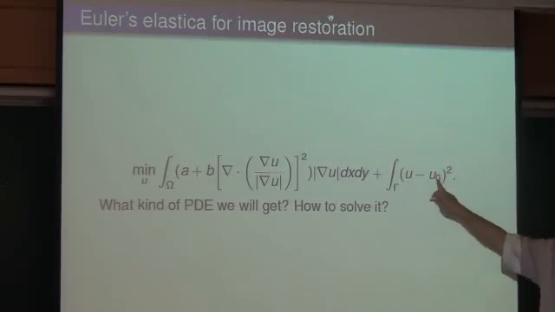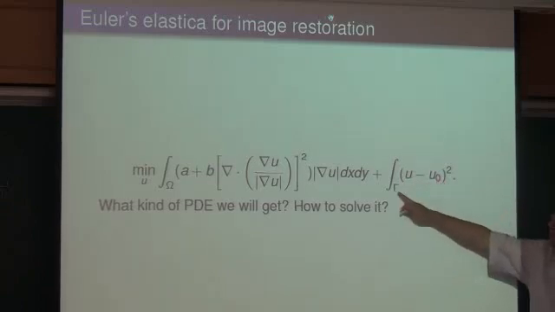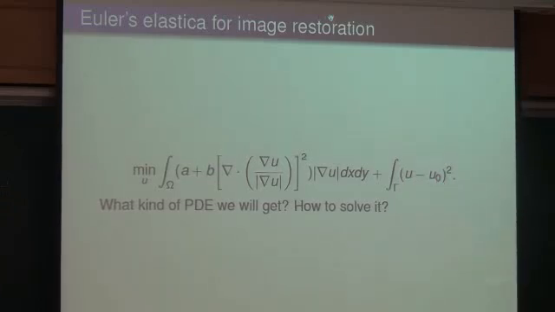For denoising, the noisy image is given everywhere. So you just take omega equal to gamma. Then if you choose the A and B properly, this will remove the noise. For the noisy image, not only do you minimize the length of the level curve, but you also minimize the curvature. So this will be for denoising.